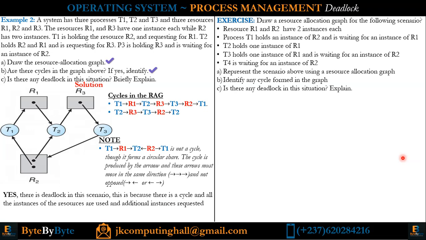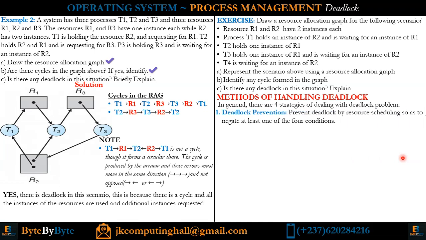Today we are going to look at the different methods of handling deadlock, and in general, there are four strategies of dealing with a deadlock problem. First of all, we have deadlock prevention, that is, prevent deadlock by resource scheduling so as to negate at least one of the four conditions.